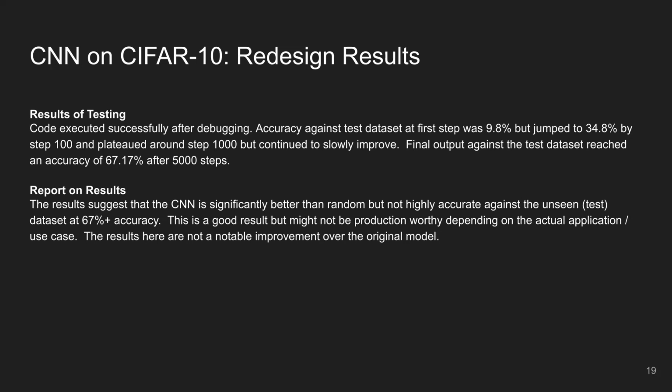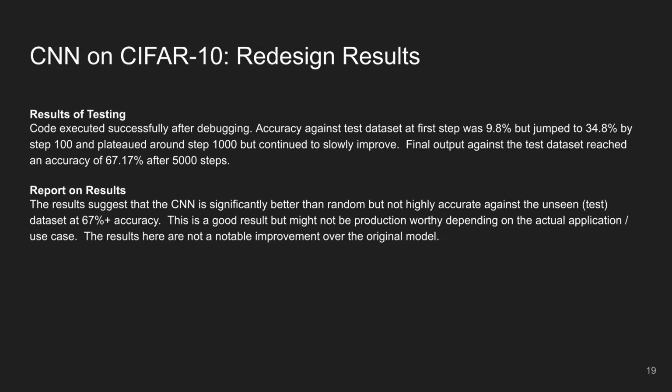But it did continue to slowly improve. At step 1000, it's probably worth calling out, at that point, it was actually still below the 2-layer pairing under the original model design. But by the 5,000 steps, it actually had come to almost identical accuracy results versus the original design.